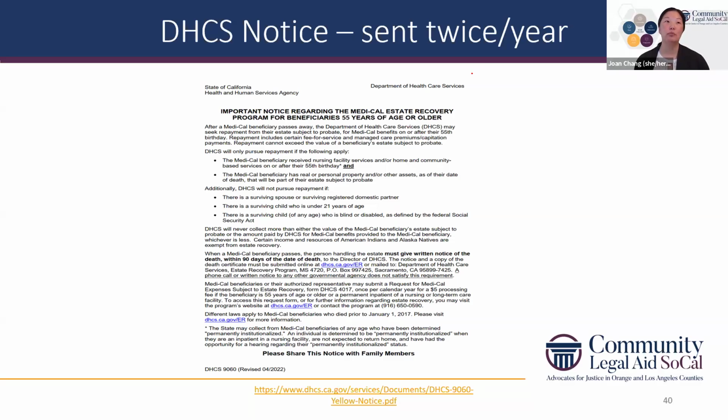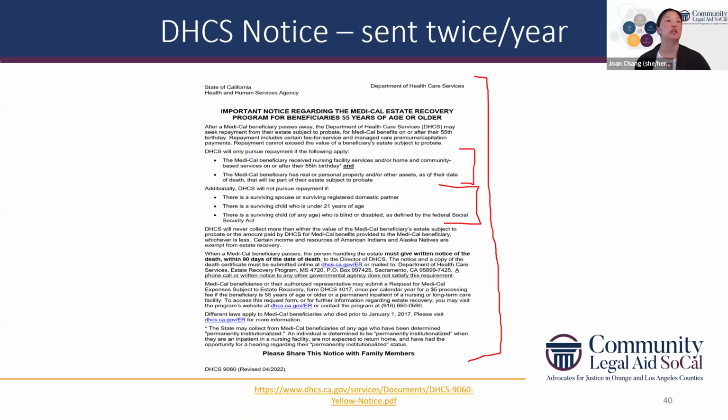Usually folks throw it away because it's just fine print writing, but they give it to you for a reason. This is the stuff that basically we went through today. This is basically warning you twice a year, hey, when you pass away, you might be subject to Medi-Cal Estate Recovery. Here are the things that could be recoverable. Here are the people who might qualify for an exemption.